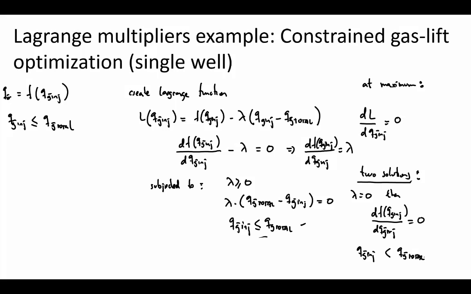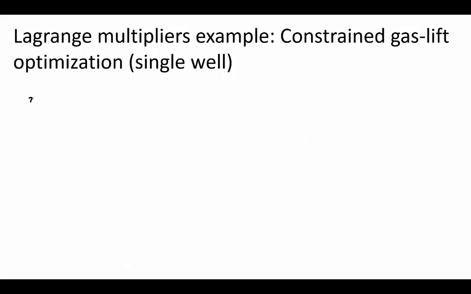That's the first solution, and the second solution is that lambda is positive. In that case, remember this constraint, Q gas total minus Q gas injection will be equal to 0.